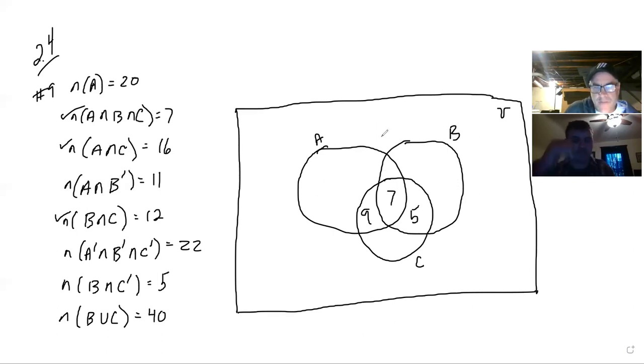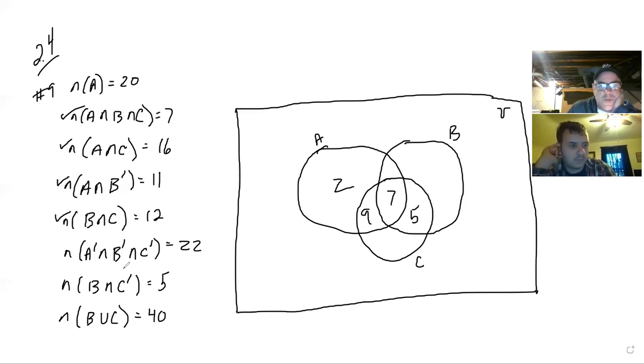Everything outside of B overlapping with A would be this region and this region. So it's 2 regions, of which I know 1. It says that total is 11, between this region and this region, so I need 2 more. Are we good with that?